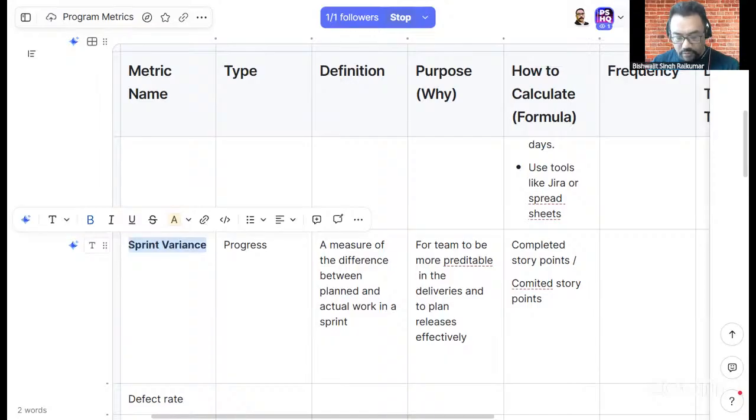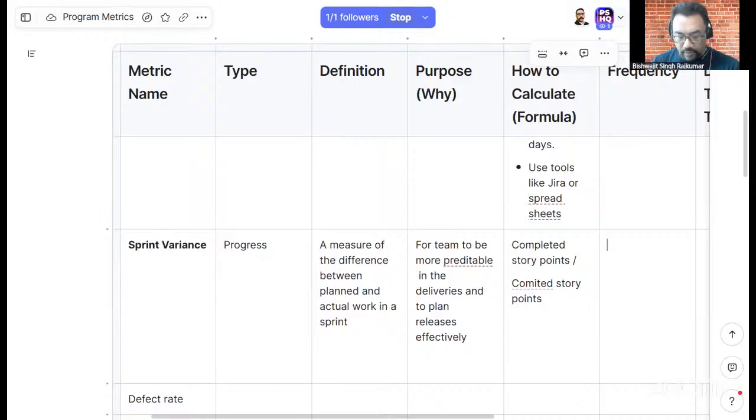Okay, just try to come up with that. Comparing actual and planned velocity. Formula.